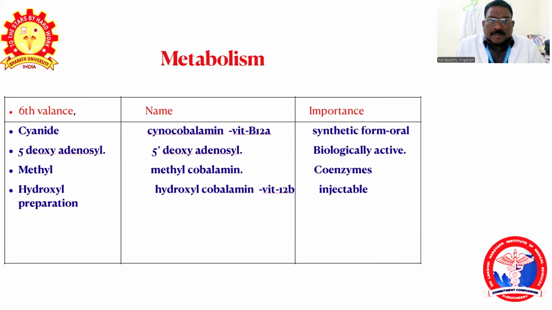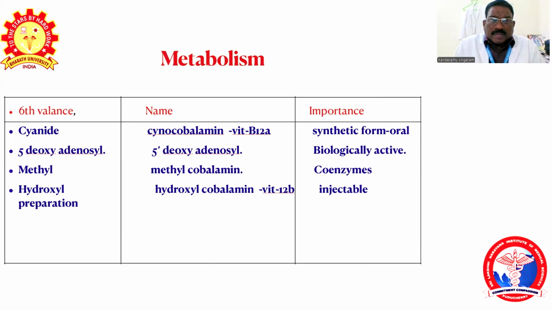Let us see the forms of vitamin B12. If the sixth valence is occupied by cyanide, it is named cyanocobalamin, otherwise called vitamin B12A. It is the synthetic form, the oral form of vitamin B12.